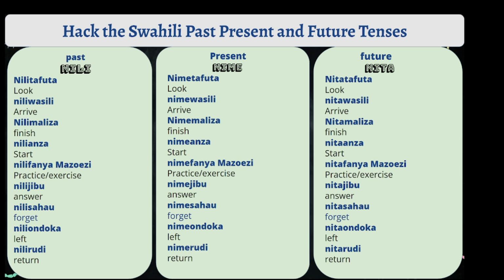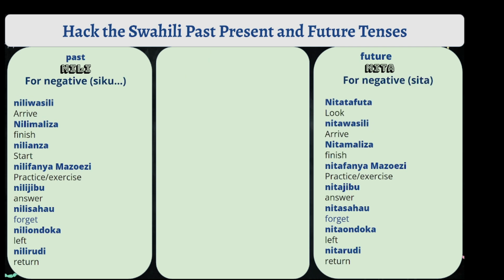I know it's not exactly to, it's ta, but nita, to look into the future. If you're from the south, you say ta look into the future. Nili, li has to me the feeling of the past. And of course, if you have mastered nime for now and ta for the future, by the way, it's not tar, it's not to, it's ta. Nita tafuta, nita tembea, nita wasili. Anyway, then it's going to be easier for you to remember how to use nili for the past.